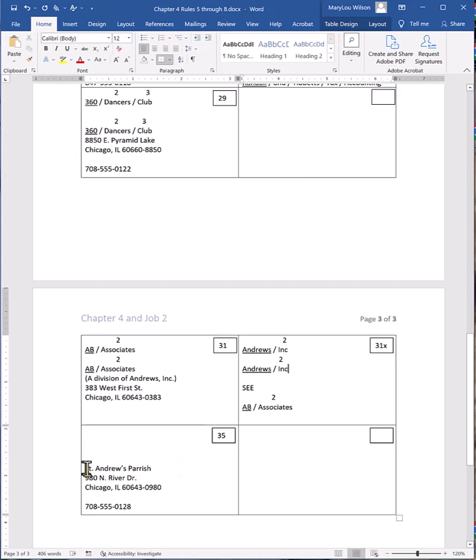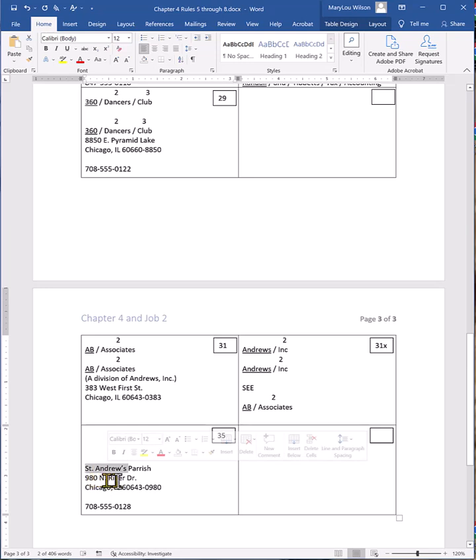And here we have, first of all, an organization. In this case, it's a religious organization, St. Andrew's Parish. But we also have an article in here, St., or Saint, in front of Andrews. So what we're going to do is push these two together, St. Andrews, to make one unit.